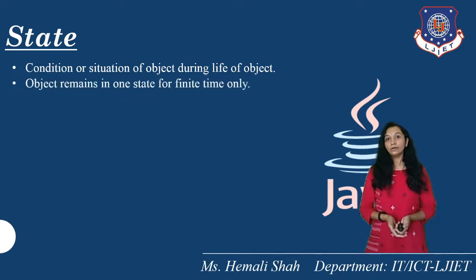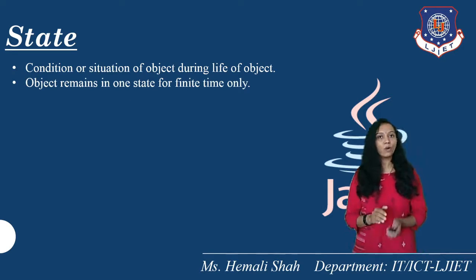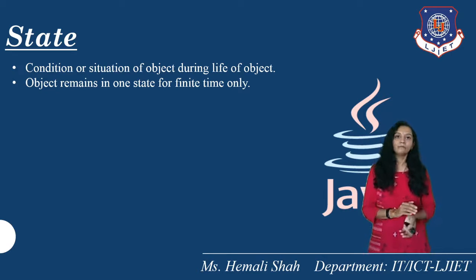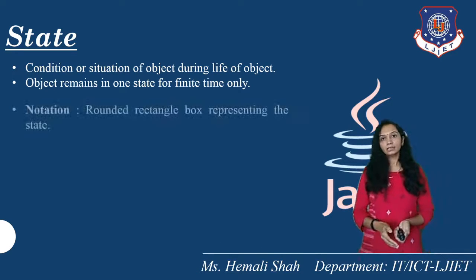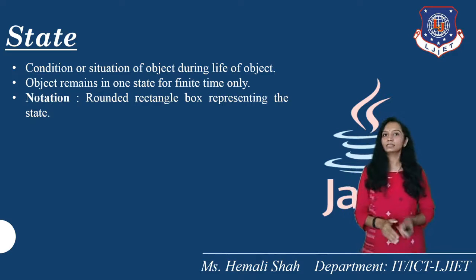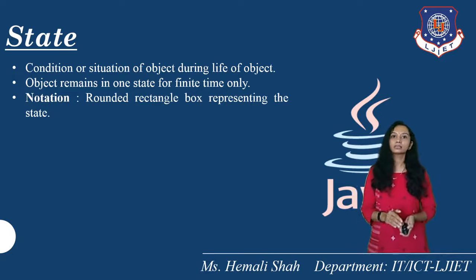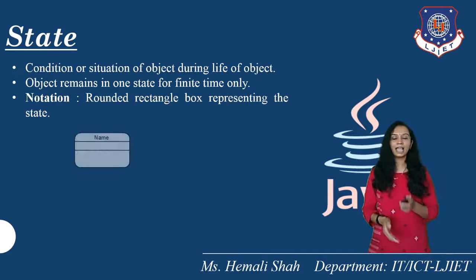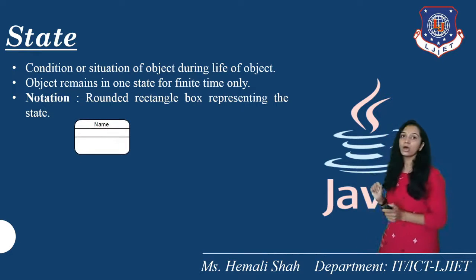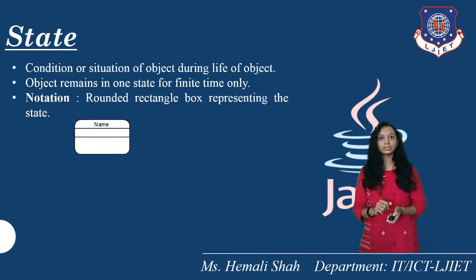Now this object remains in one state for a finite time only, and the notation to represent this state, that I have already told you, is a rounded rectangle box like this. This is the notation of a state diagram.